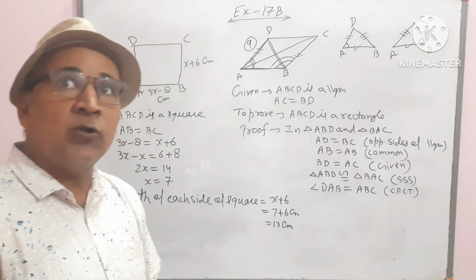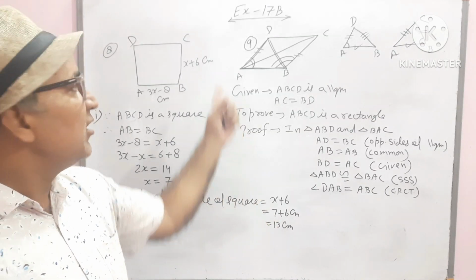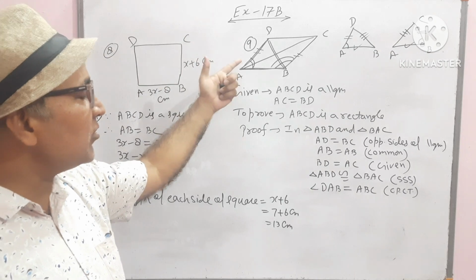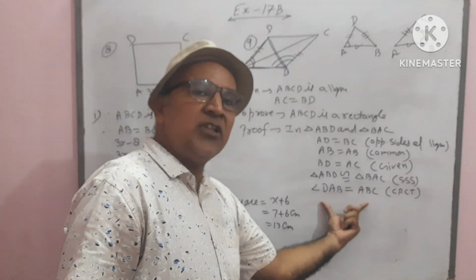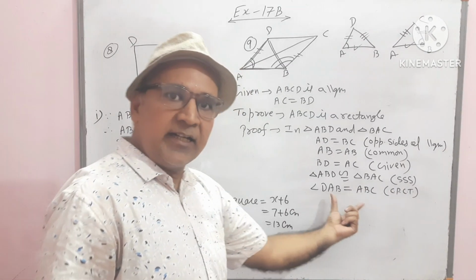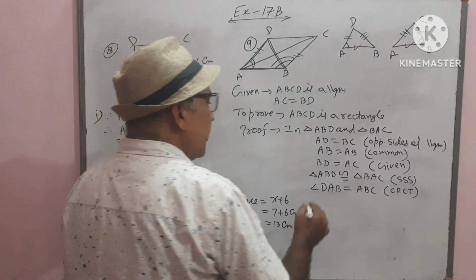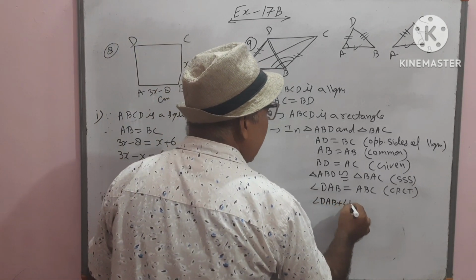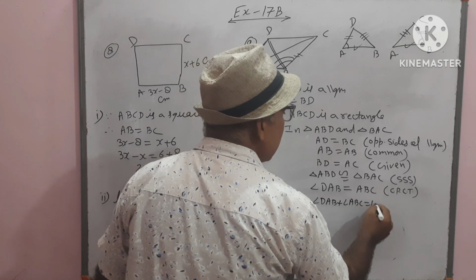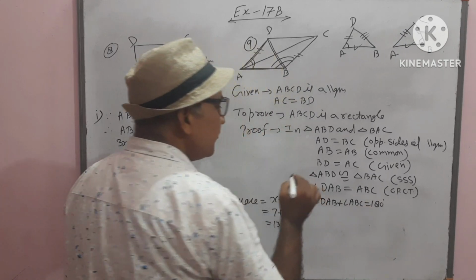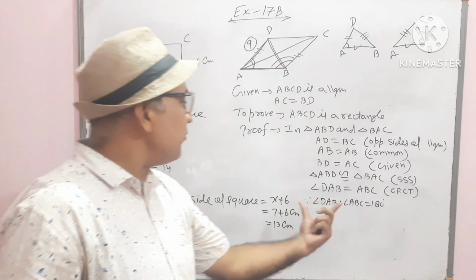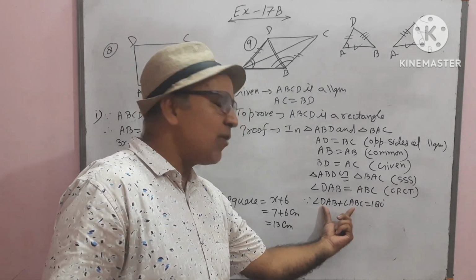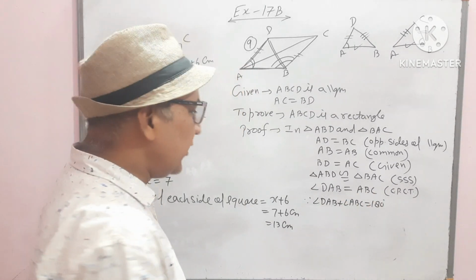But we have to prove it is a rectangle. Before that, we have proved that adjacent angles are equal. Now, in a parallelogram, we know that adjacent angles are supplementary, means the sum of them is 180.